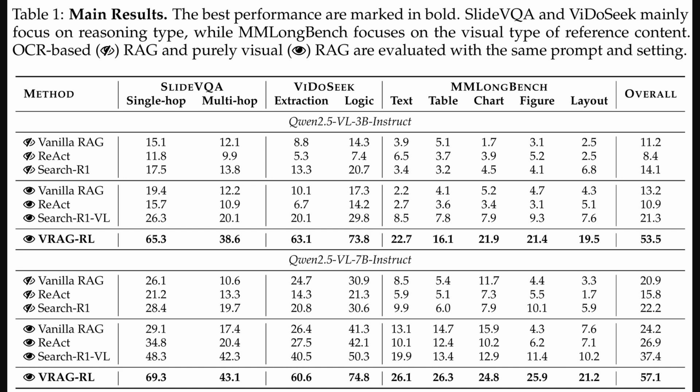The VRAG-RL method, which looks directly at the images, just blows the others away, jumping to over 57% accuracy compared to the next best at around 37%. This massive improvement holds for both smaller and larger models, showing the power of this new framework.